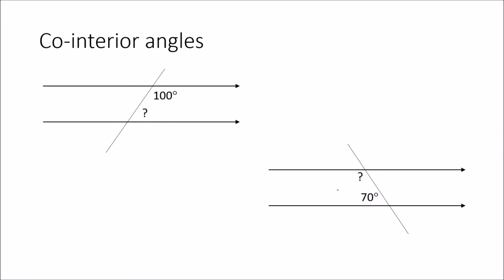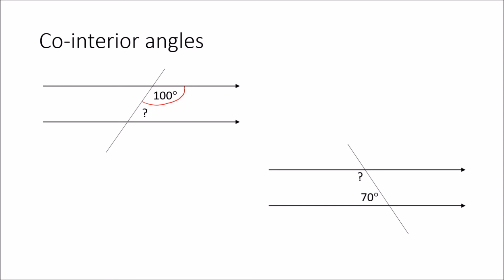We now look at co-interior angles. Co-interior angles are special because they're inside the parallel lines on the same side as the transversal. Now the rule is slightly different. They're not congruent, so it doesn't mean they're identical, but they do equal 180 degrees.